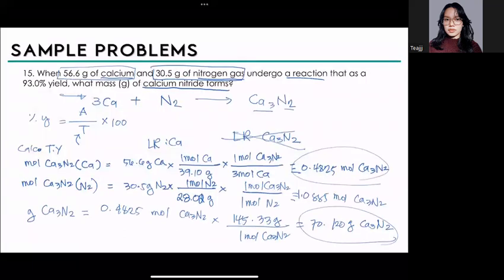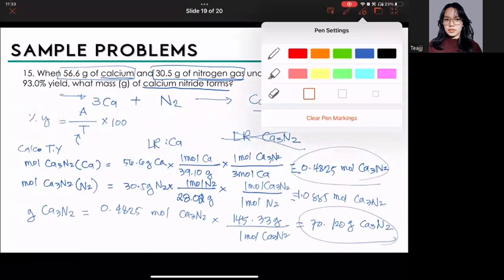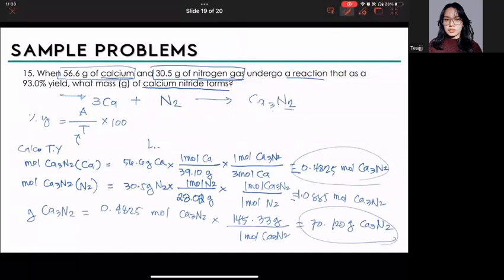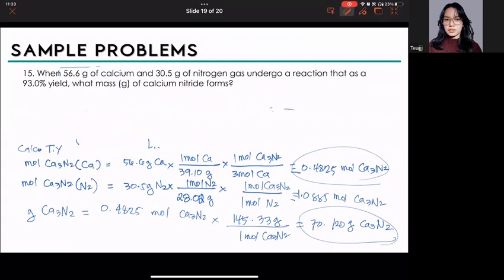Oops, I need space. Let me erase a couple of lines here. Okay. So let's solve for, bakit ko in-erase to? Susulat ko lang ulit. Ay, nako. Times 100. Now let's solve for A. Kasi meron nating percent yield, which is 93%. We just recently solved our theoretical yield. So now A na lang yung kulang. To solve for A, we have percent yield all over 100 times your theoretical yield.